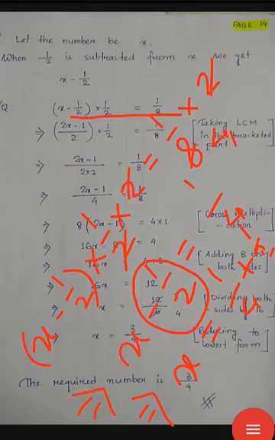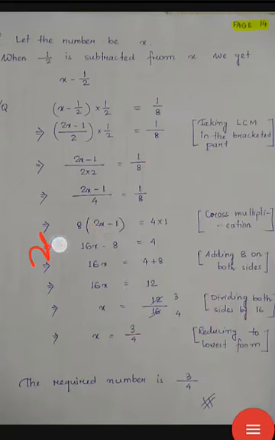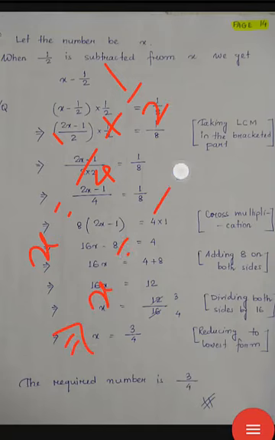So finding out the LCM and simplifying, we shall get the result 1 by 4 plus 1 by 2. This will imply x equals LCM of 4 and 2. What is the LCM? LCM is 4. So 4 ones are 4.